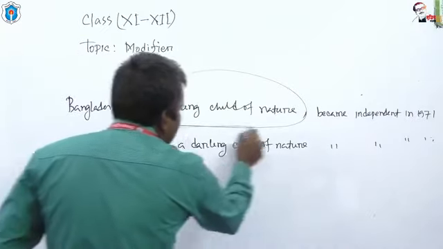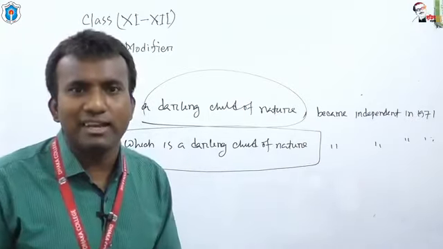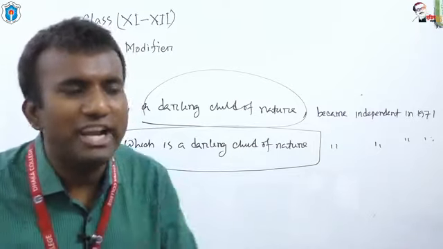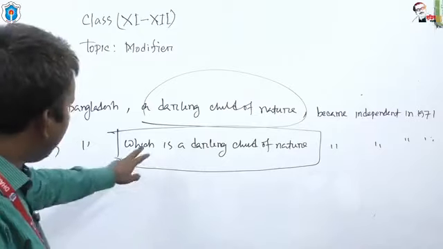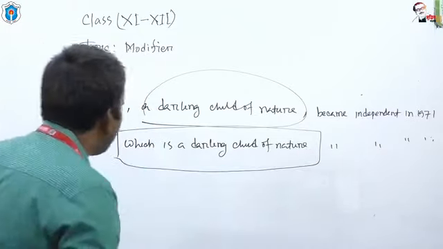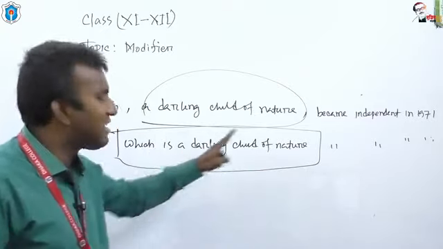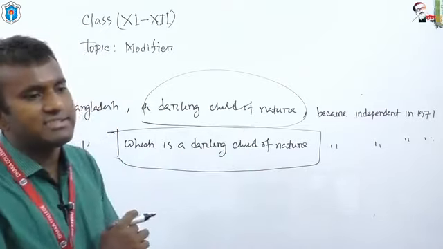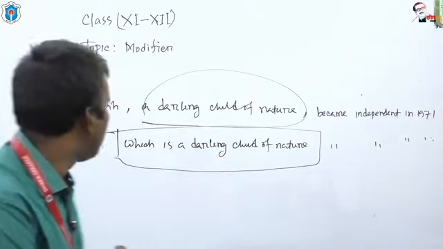Is this part an appositive or a relative clause or adjective clause, dear student? Which is a darling child of nature? A darling child of nature is an appositive. Which is a darling child of nature is a relative clause or adjective clause. Okay?